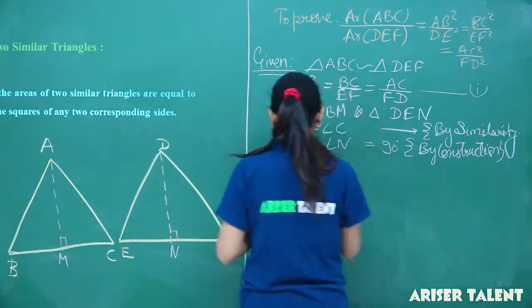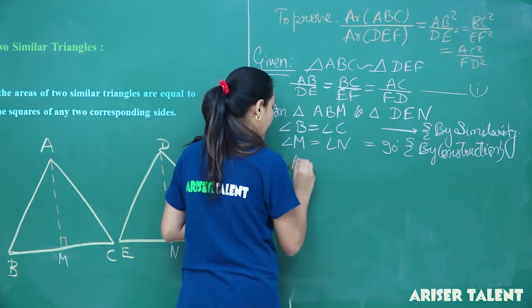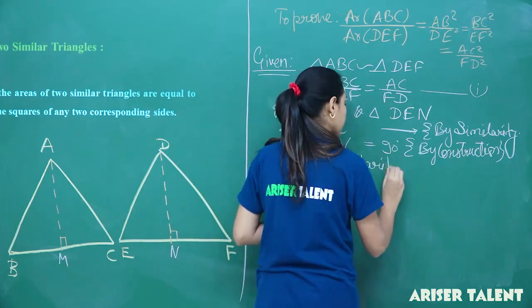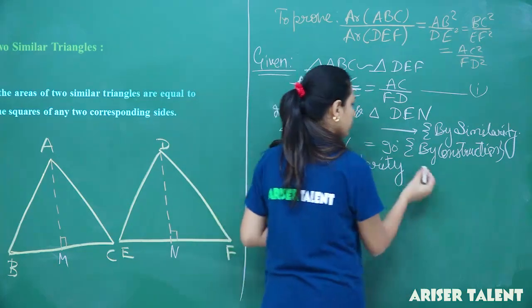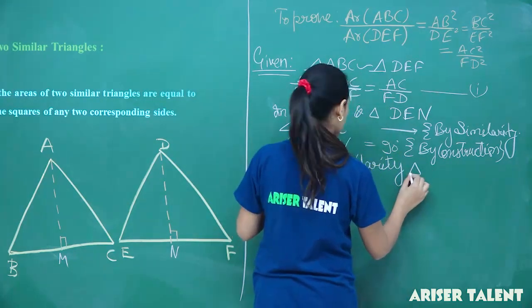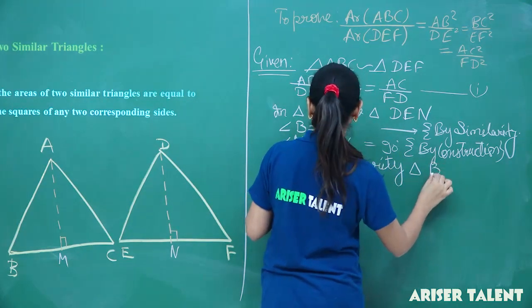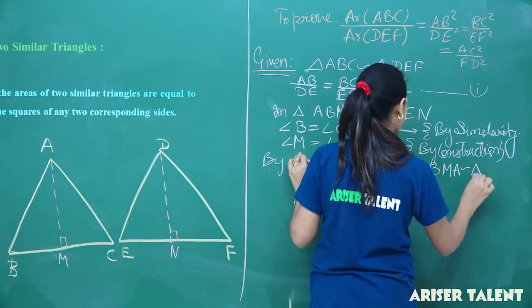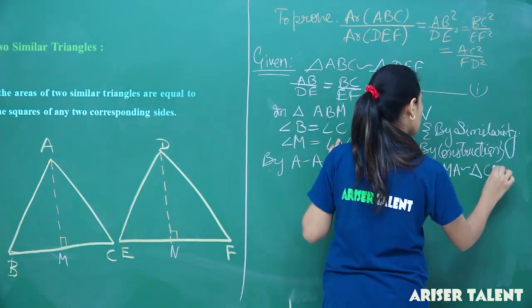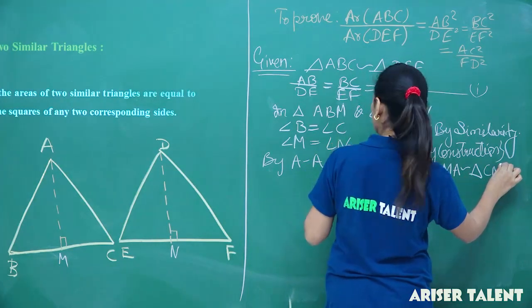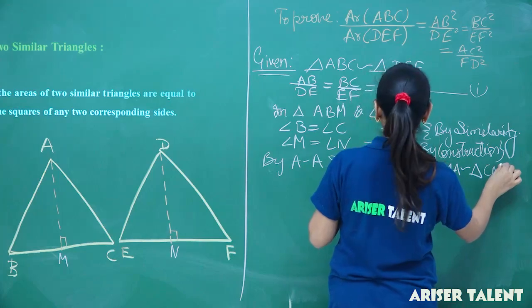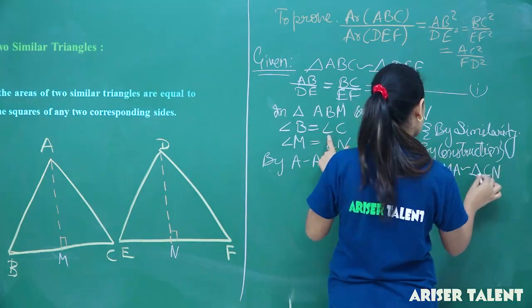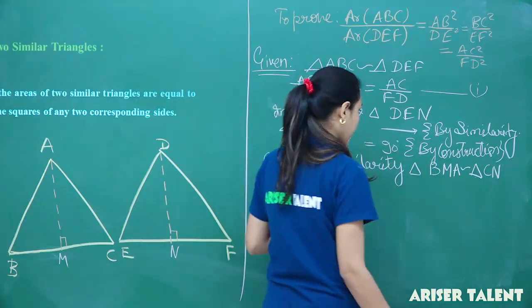Okay, so just note it. By angle similarity, triangle BMA will be similar to triangle ENC. This is C, okay, I should rewrite it.